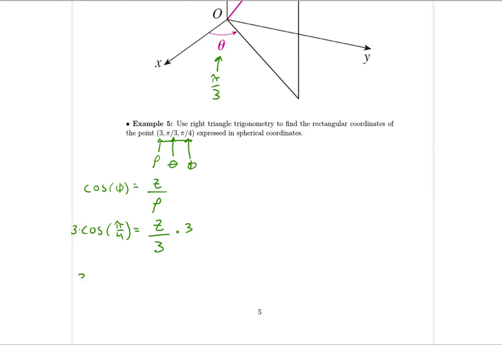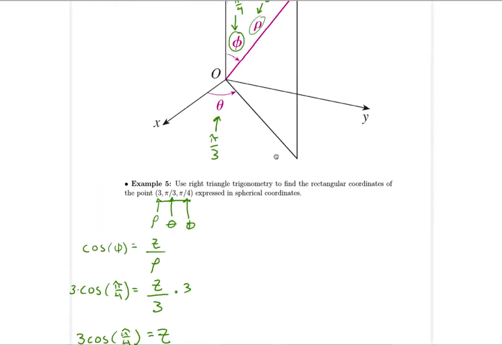I end up with 3 cosine pi over 4 is equal to my z. But I know that the cosine of pi over 4 is root 2 over 2, so there's my z value. So see, I just used right triangle trigonometry to figure that out.